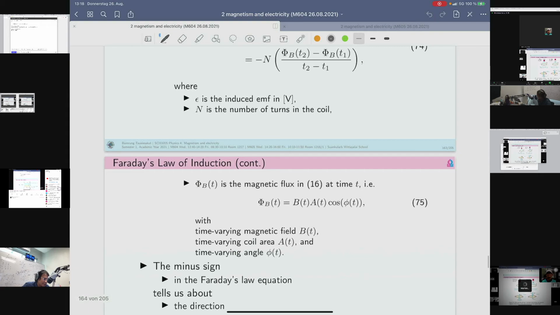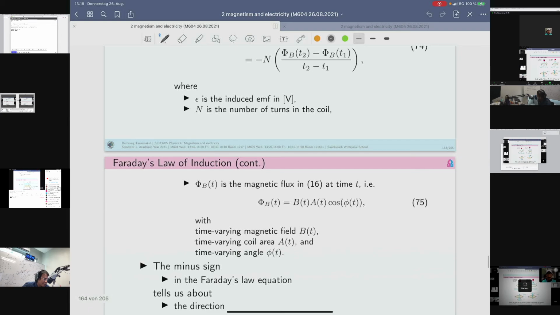In this case, the area doesn't change with time, because we didn't increase the size of the conductor at all, and there is no rotation of this conductor, so phi will be the same. There is no change in angle.